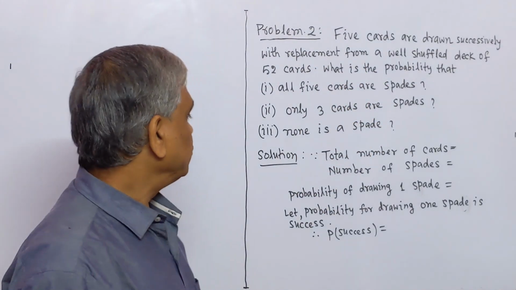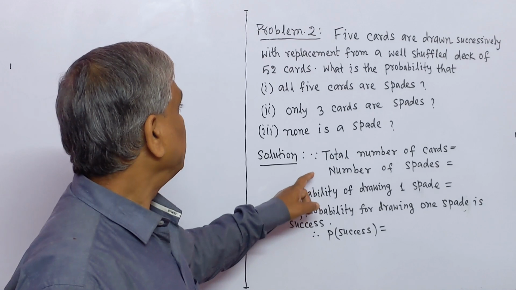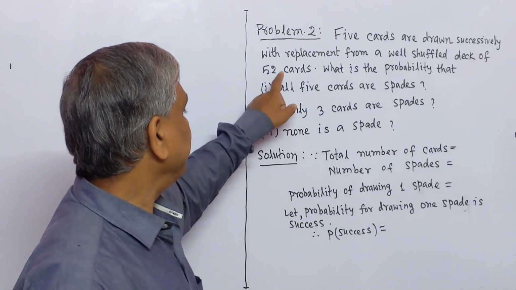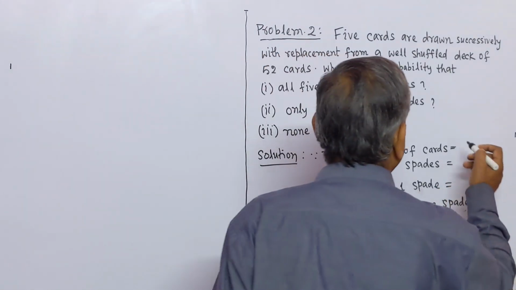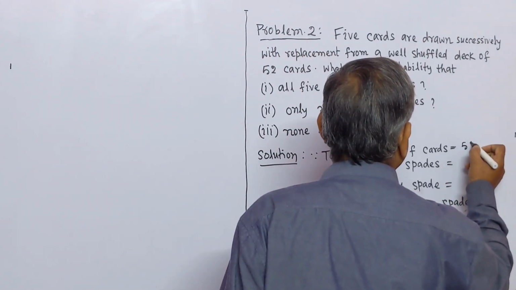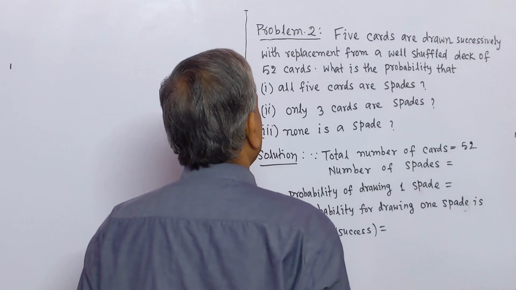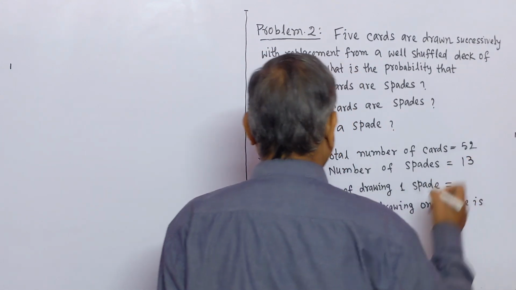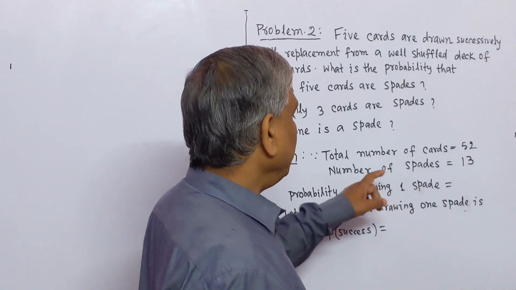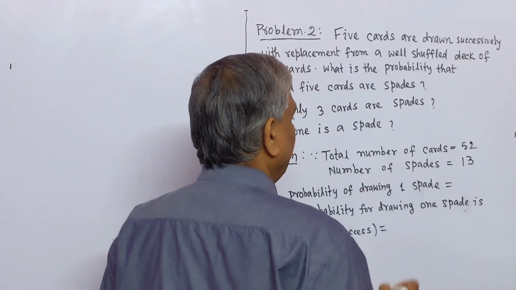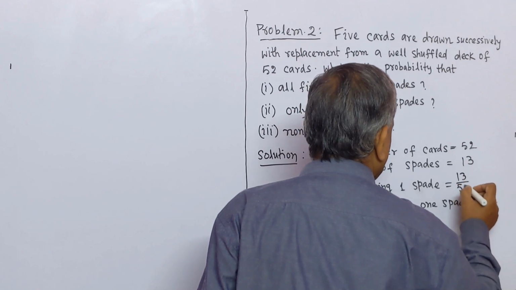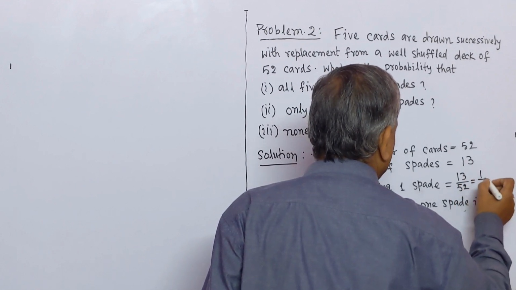Now we solve this. Since total number of cards in a deck is 52, number of spades equal to 13, probability of drawing one spade equal to 13 by 52. This is 1 by 4.